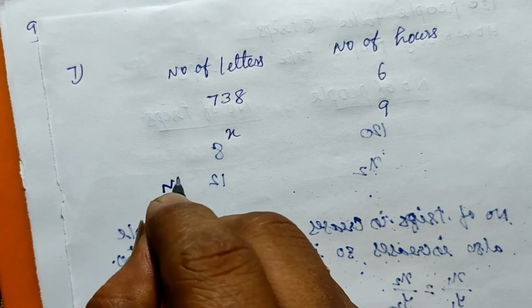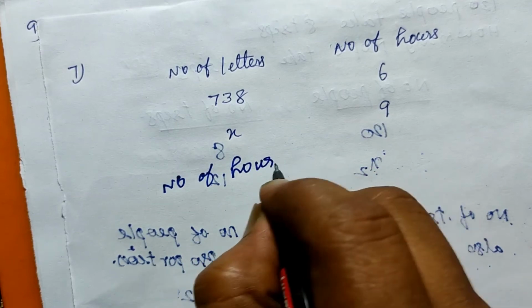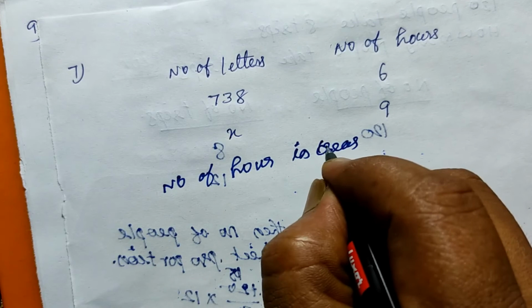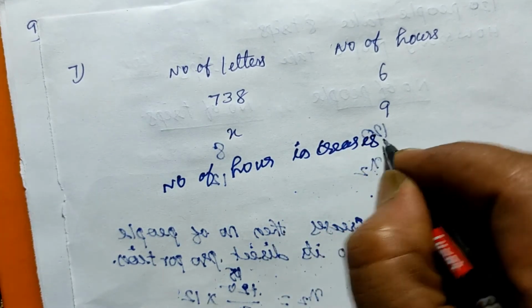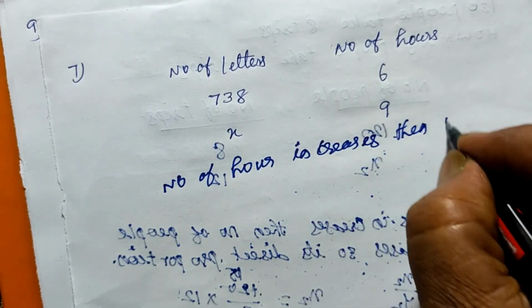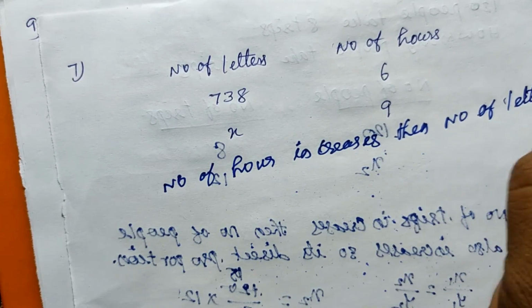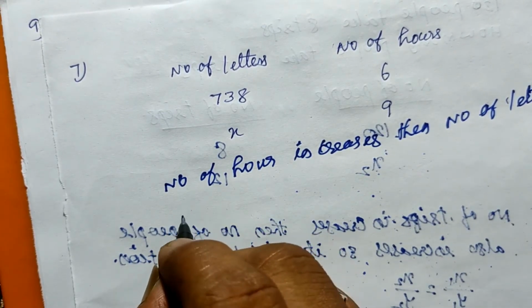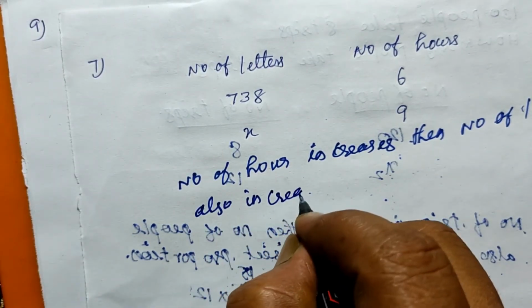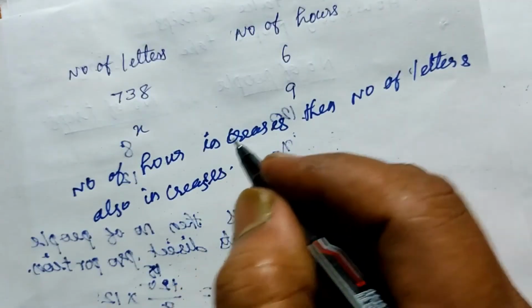Number of hours increases. Number of hours increases. Then number of letters also increases, right?